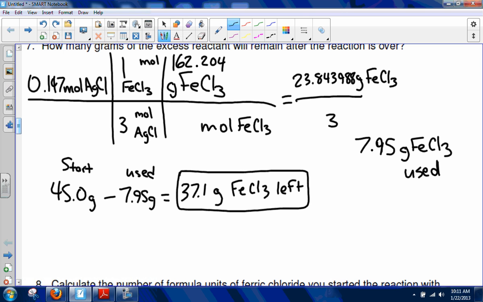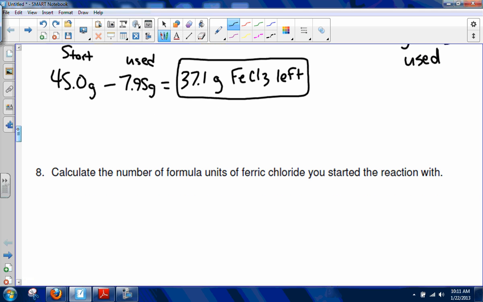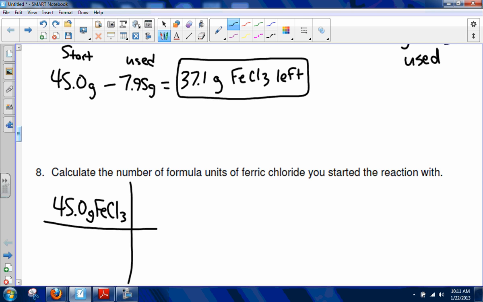We go down to the last one. The final problem. Calculate the number of formula units of ferric chloride you started the reaction with. So, when we started the reaction, how many grams of ferric chloride did we have? But I don't want my unit answer to be in grams anymore, do I?